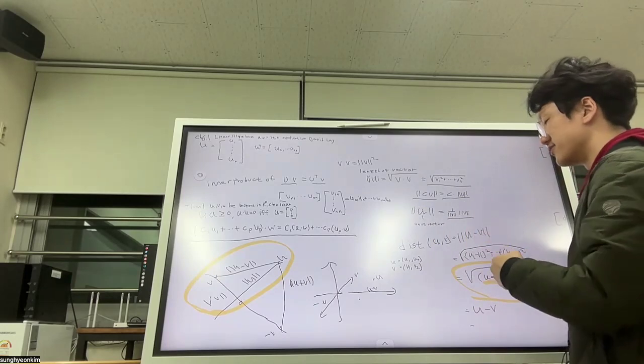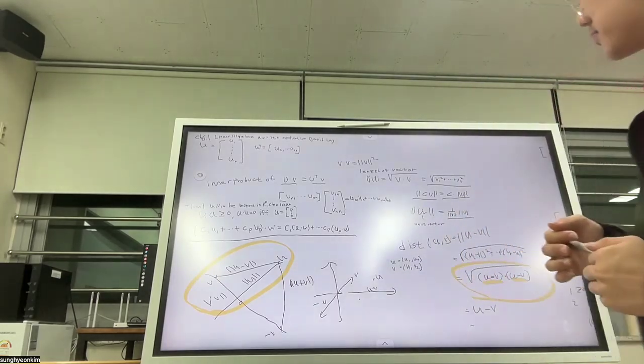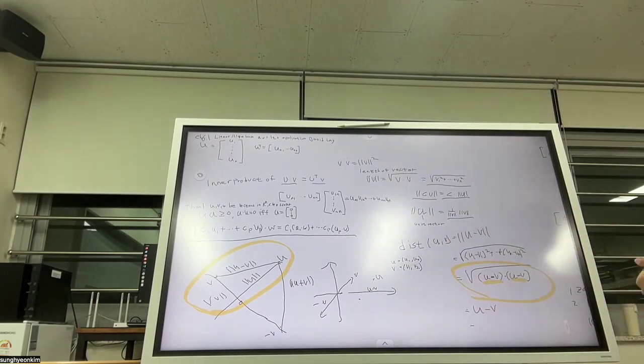If we make a vector a unit vector, we say it is normalized.